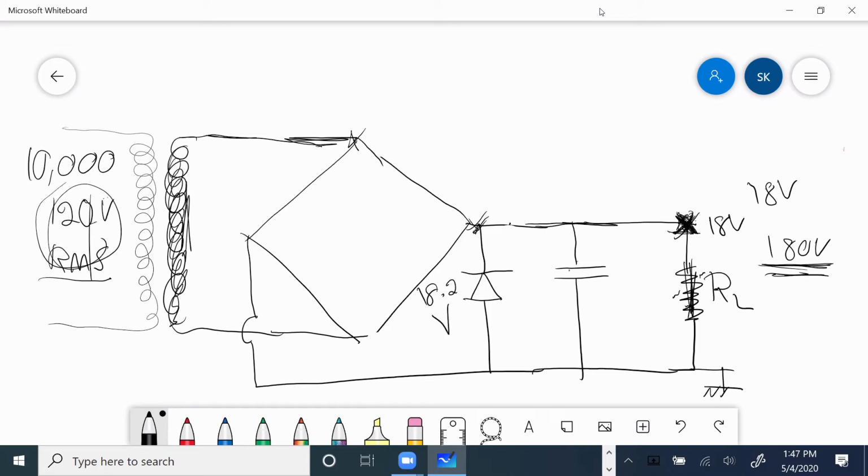I just go and buy myself a Zener whose breakdown voltage is 18.2 volt, so that the moment this voltage wants to increase much beyond 18.2 volt, it will be grounded. That is the application of Zener diode.